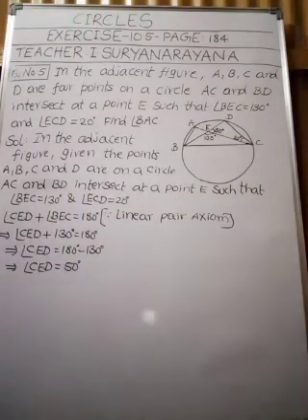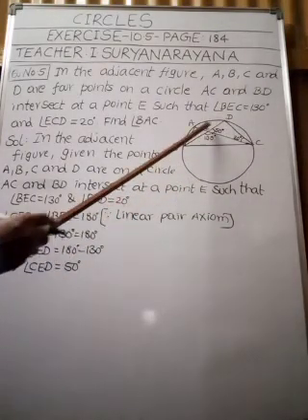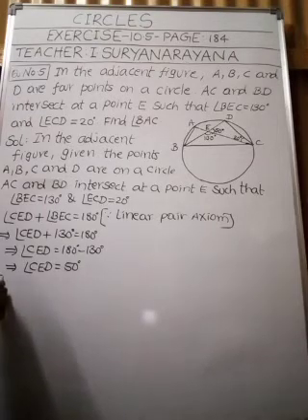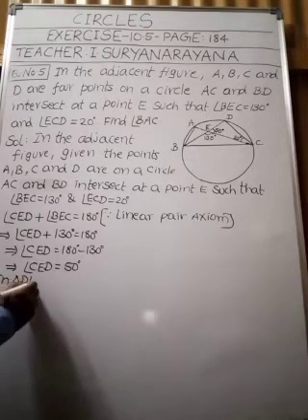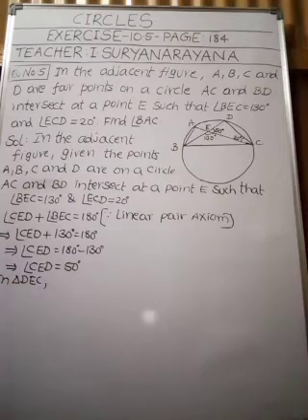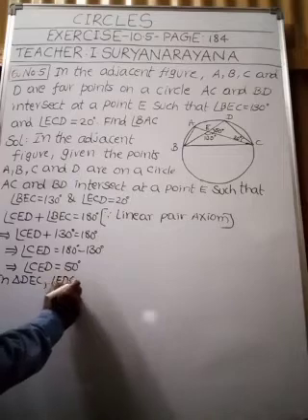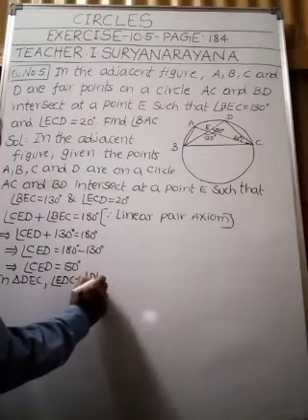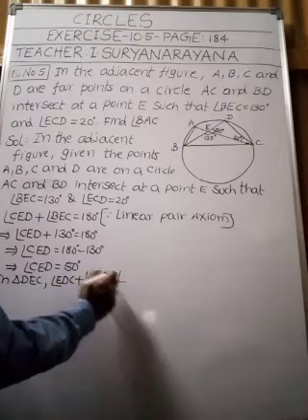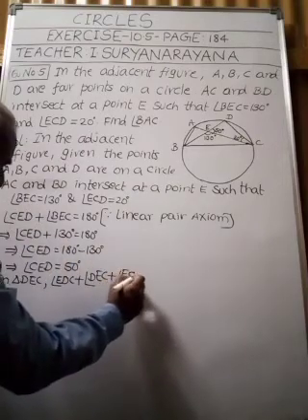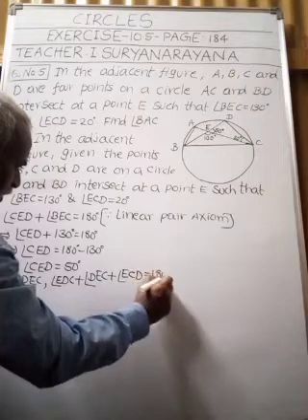Now come to the triangle DEC. In triangle DEC, angle EDC plus angle DEC plus angle ECD is equal to 180.